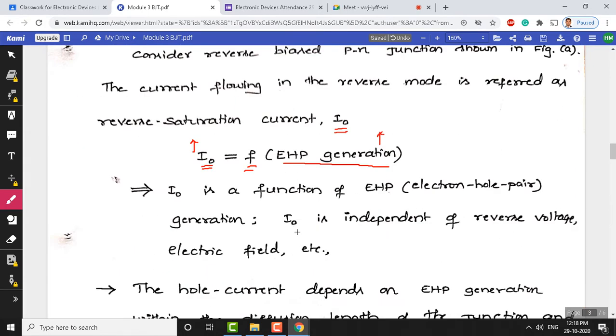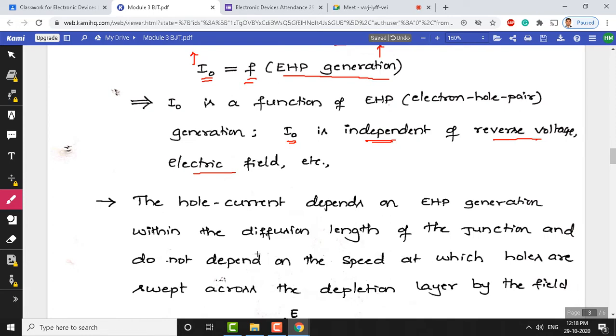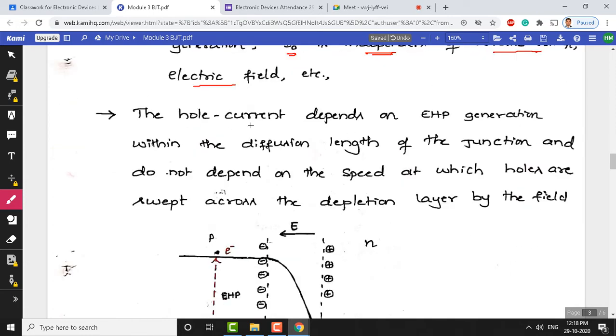The I naught reverse saturation current is a function of electron hole pair generation, but it does not depend on the reverse voltage, or even on the electric field that exists between the N and P regions. The whole current depends on the EHP generation within the diffusion length of the junction and does not depend on the speed at which holes are swept across the depletion layer by the field.